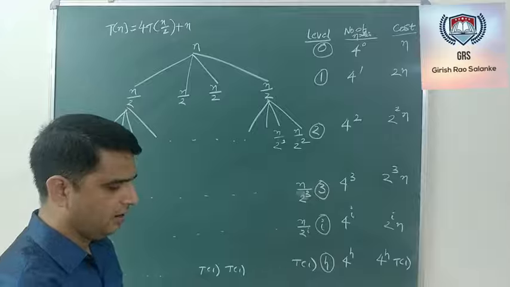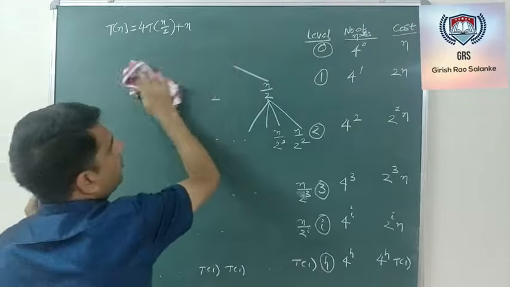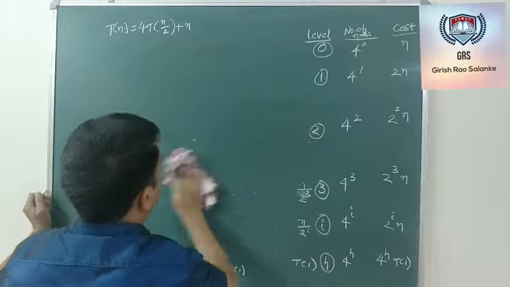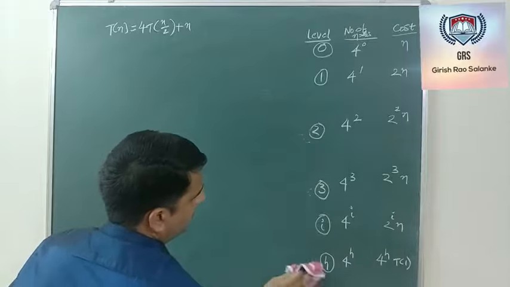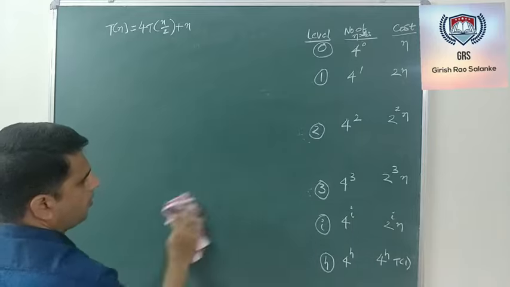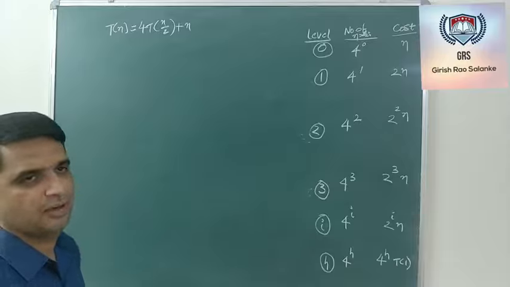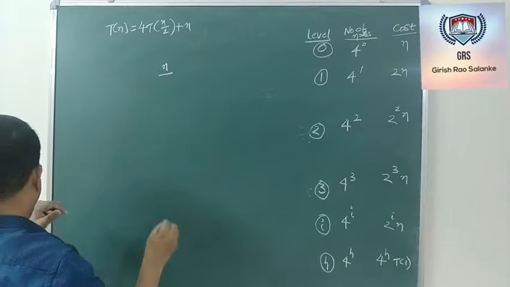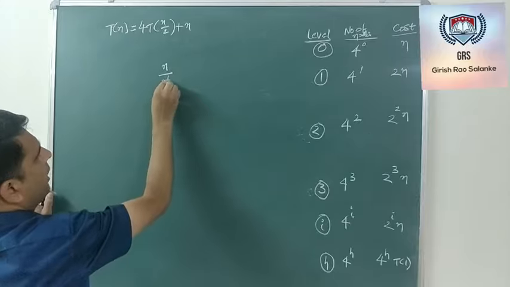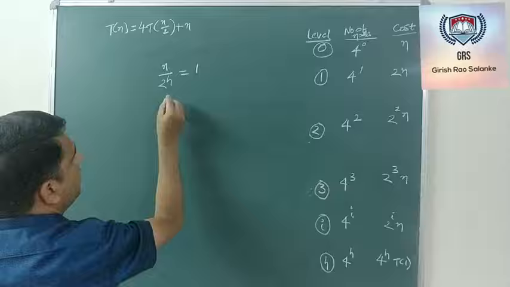So once you are done, now what we can do is, at the last level, that is h, n by 2 power h is nothing but 1.